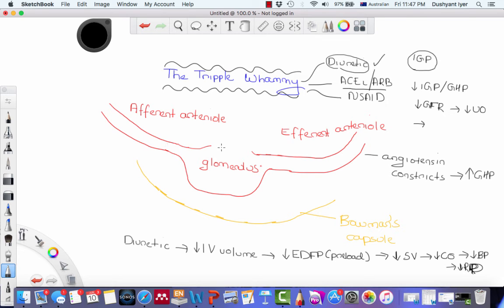You can imagine why. If you constrict this, there's more pressure back transmitted into the glomerulus, increasing your glomerular hydrostatic pressure. However, with an ACE inhibitor or an ARB, what you have is a loss of this constriction and as a result, a loss in your increase of glomerular hydrostatic pressure.